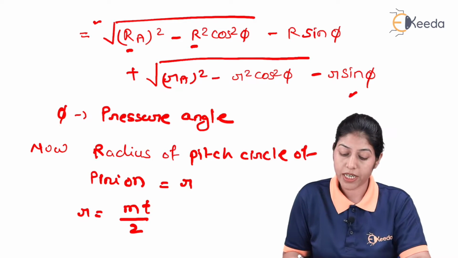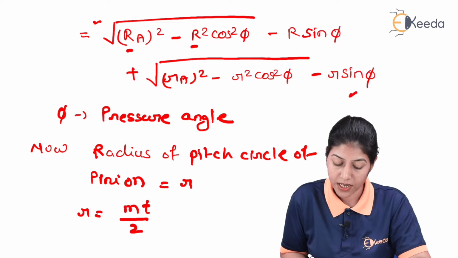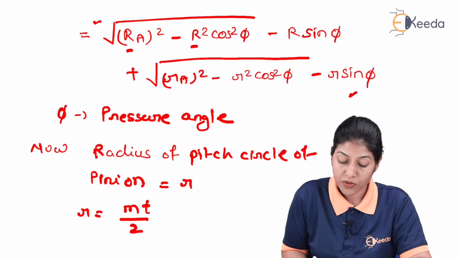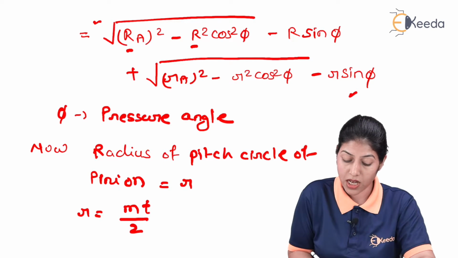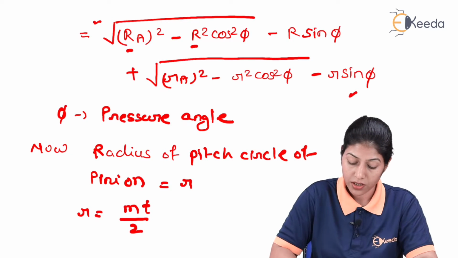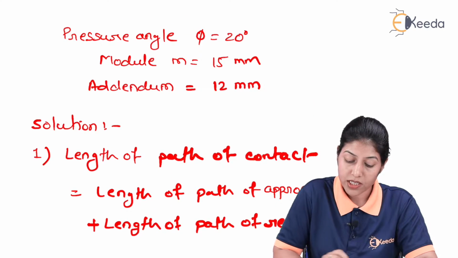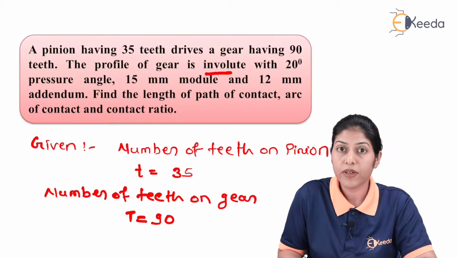As we know, the radius of the pitch circle of the pinion is denoted by small r, and in terms of module we can define it as mt by 2. T is the minimum number of teeth on the pinion. So this r we can define by this equation. As we have the value of module, it is given 15 mm, and number of teeth on the pinion is also given, 35.